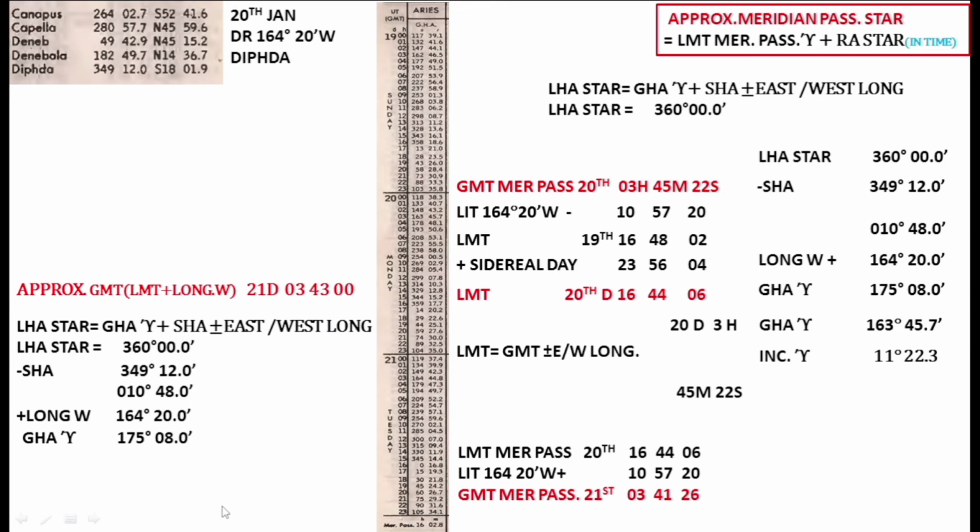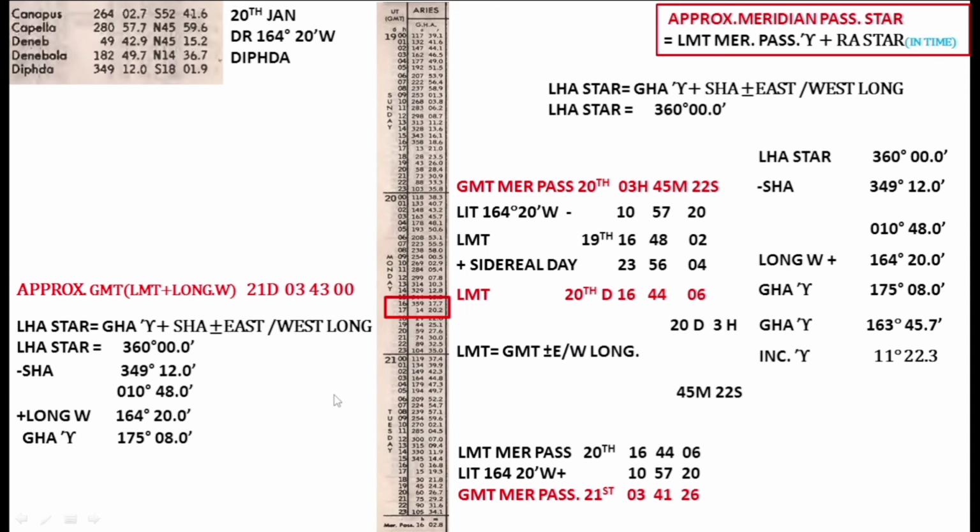So when I look at this for 20, the date was given to me as 20th. I look around where the GHA Aries is 0, because the body would be on Greenwich Meridian earlier than west and later than east.